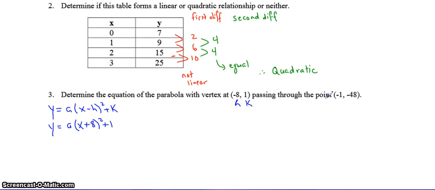Now, to determine the a value, you're going to substitute this extra point in for x and y. So the negative 48 goes in for y. The negative 1 goes in for x. You use BEDMAS as much as you can. So we're going to add what's inside the brackets first.